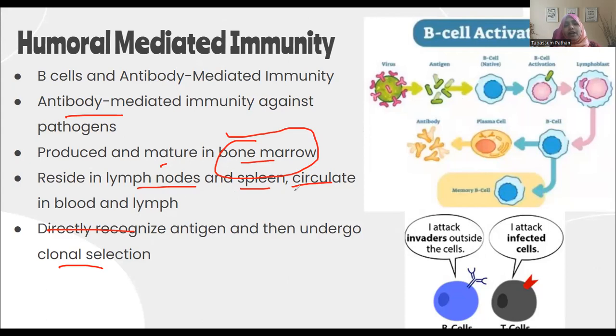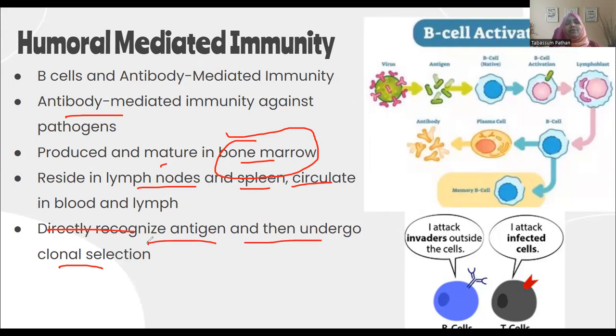They are circulating in the blood, just like police are there everywhere on the road and at checkpoints. Similarly, they will act like policemen, and whenever they see any antigen, they will recognize it and then undergo clonal selection.